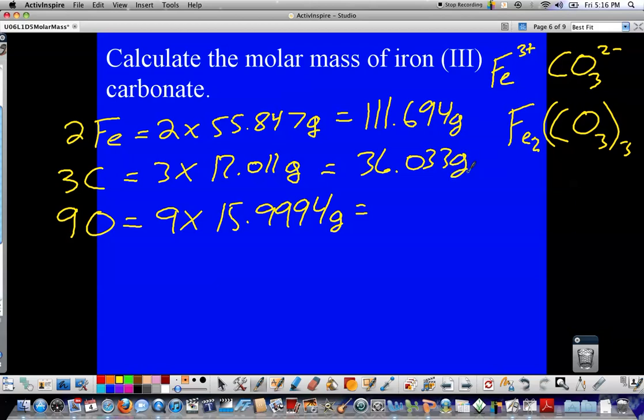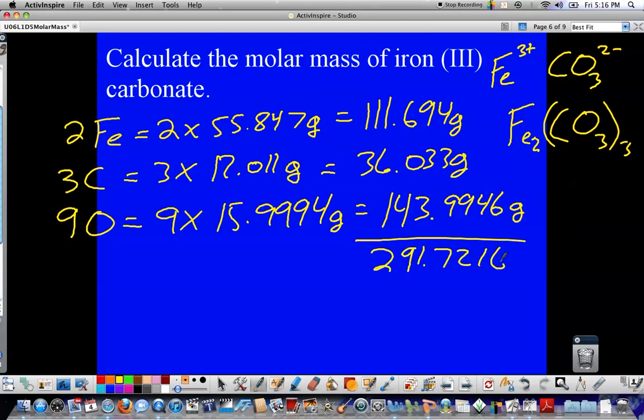And then for oxygen, we get 143.9946 grams. Okay, then we just add those 3 together, and we get 291.7216 grams.